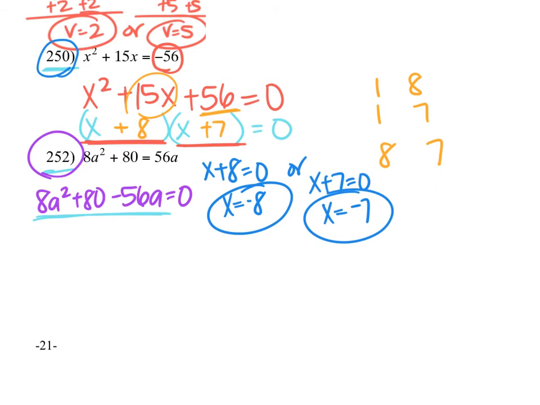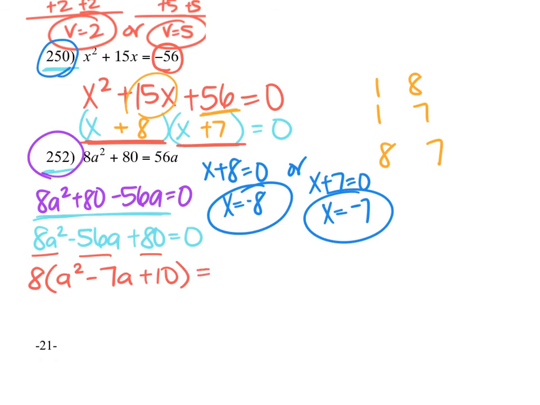So I'm going to rearrange this and say 8a squared minus 56a plus 80 equals 0. And I can tell that they're all divisible by 8. So I'm going to take out an 8 to make my life easier. And a plus 10 equals 0.